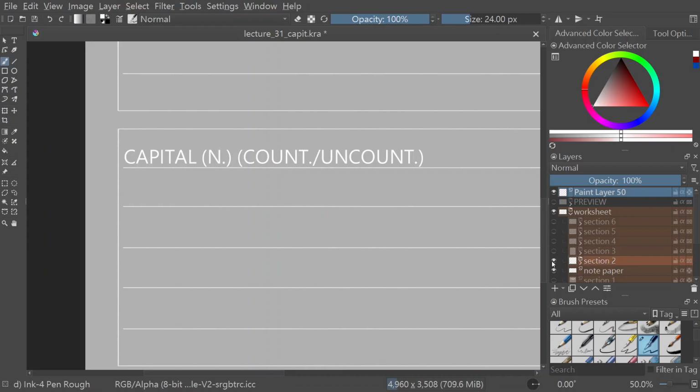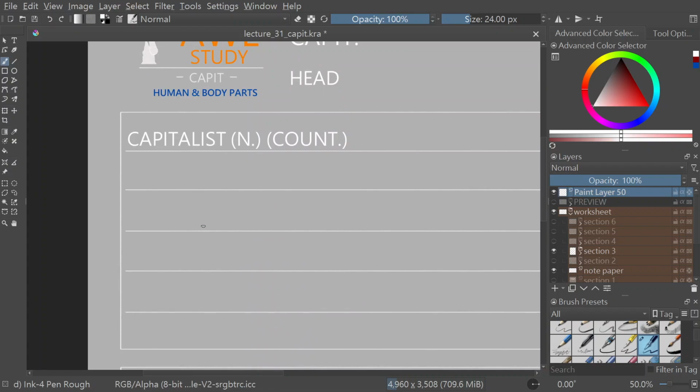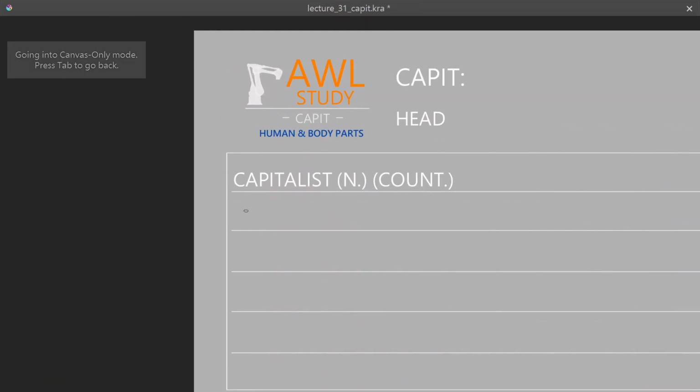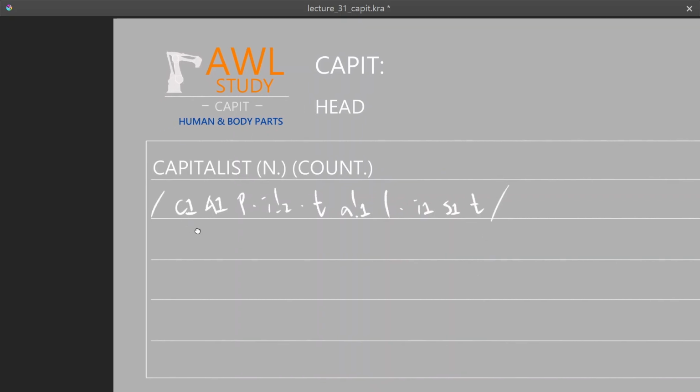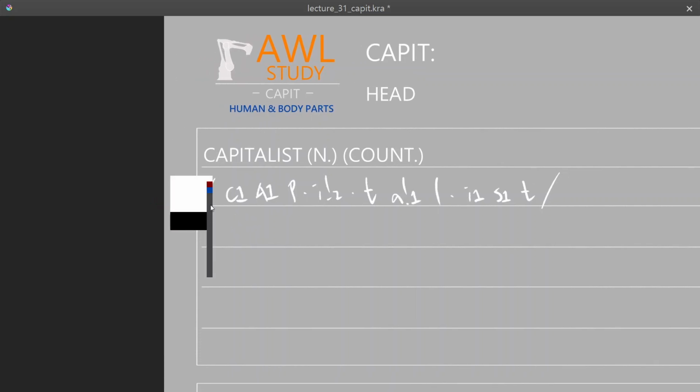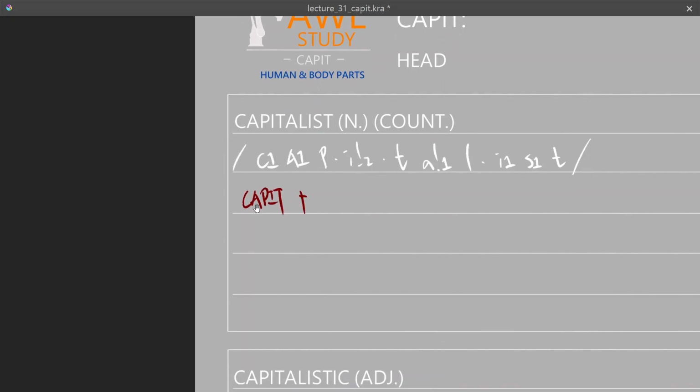Alright, next we have capitalist. Again we have the root CAPIT, meaning head.